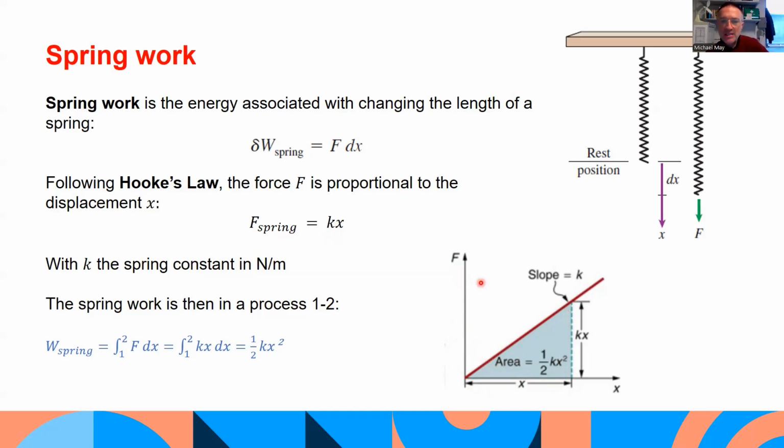So we can express the force on this axis in terms of the spring constant and the displacement. So the work then is a half times kx by x, which gives us a half times kx squared. So the work done in extending a particular spring of a particular spring constant is a half times the spring constant by the displacement squared.